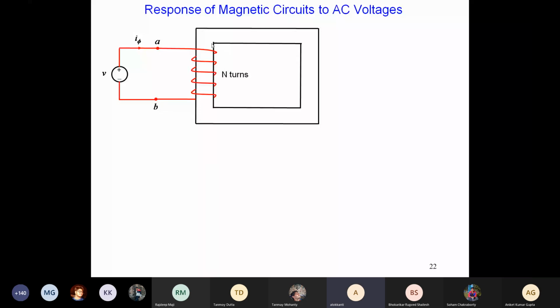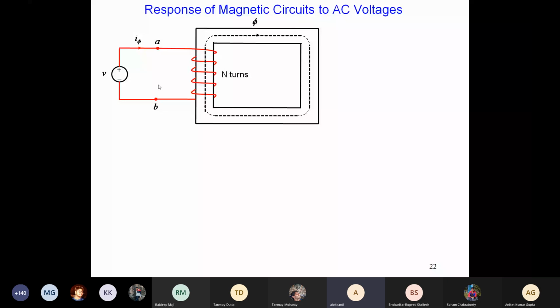Because this current will produce a flux in the magnetic path, and you know how to find the direction of the flux. For the current going in, by what rule do you find the flux direction? Right hand thumb rule. That means you hold the wire with the thumb pointing in the direction of the current.